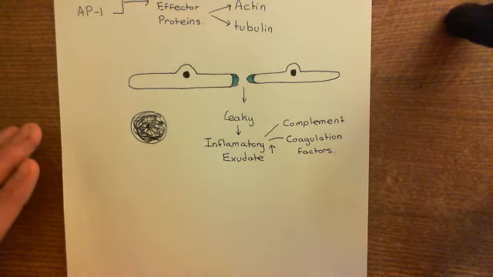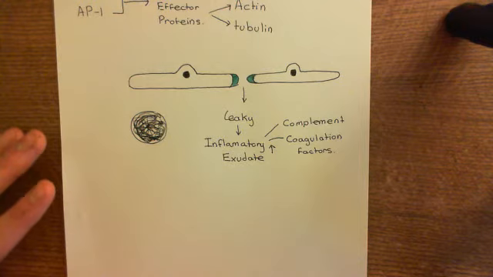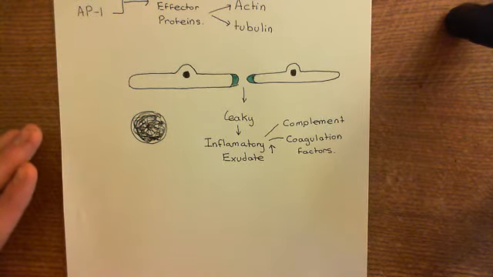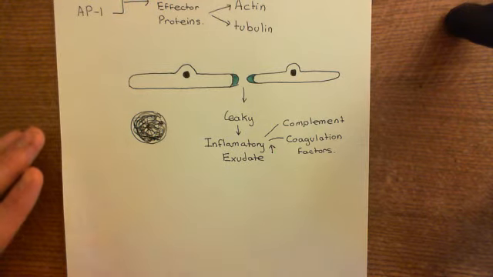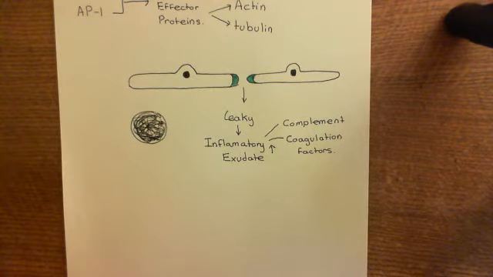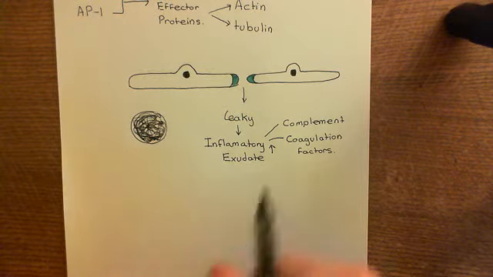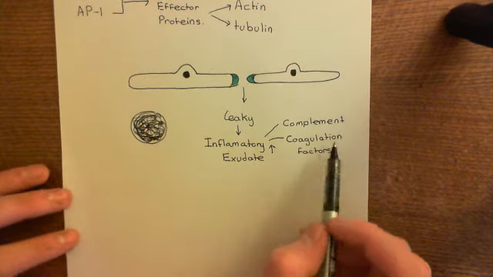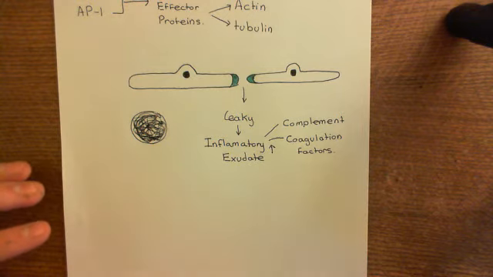So not many complement proteins and coagulation factors came through the holes when we'd just undergone type 1 activation. Once we've now undergone type 2 activation, we have much bigger holes in the side of our capillaries and venules. So you're going to get complement proteins and coagulation factors pouring out, basically.